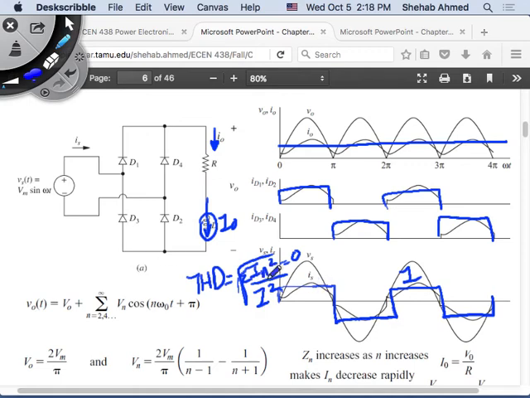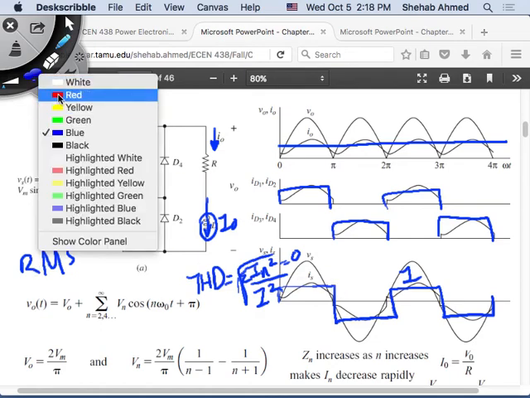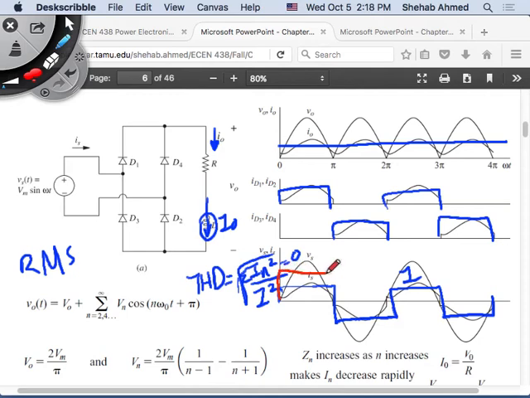What is RMS? RMS is the square, mean, under the root, right? If you square this, what do I get? I get this, right? I get this. What do you get? Just the DC value, right?